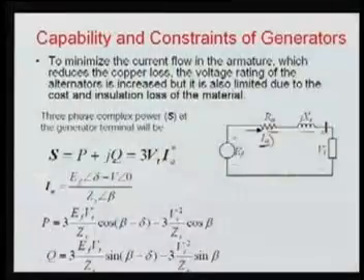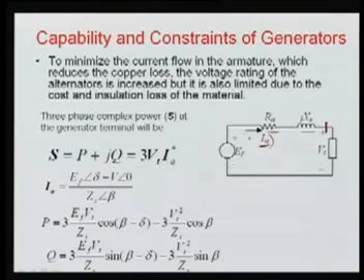Now let us see again, this is the equivalent circuit of the cylindrical rotor type of alternator, synchronous generator. We can write the three-phase complex power S at the generator terminal here. Here I have represented it at single phase.